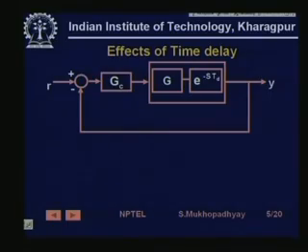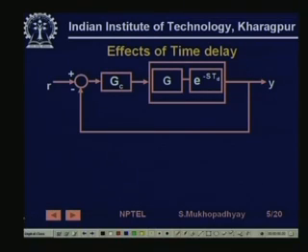So this is exactly what tends to happen in a process loop if the controller gains are high: it will tend to oscillate. So now let us analyze this phenomenon a little more technically. Here you have the standard process control loop.